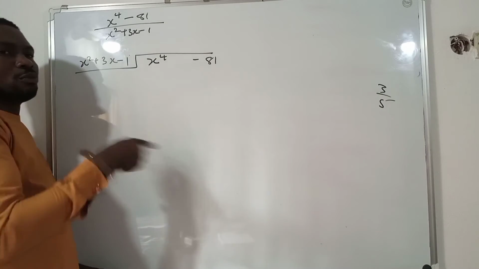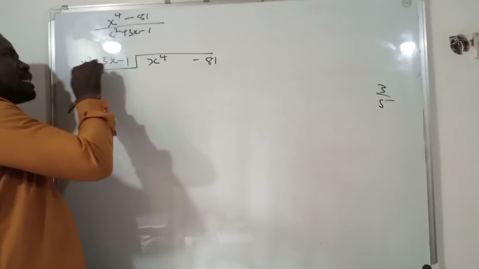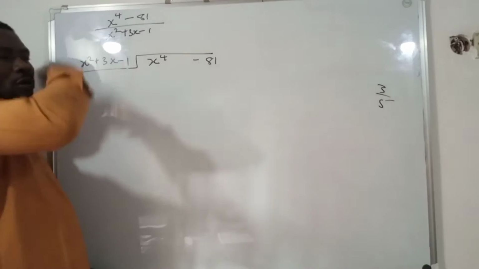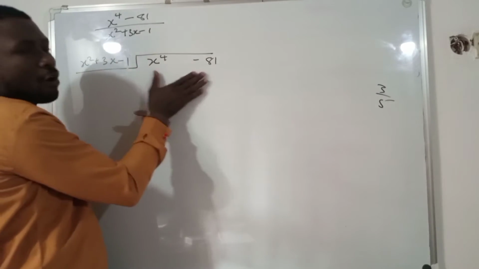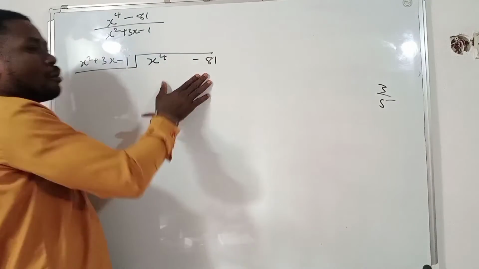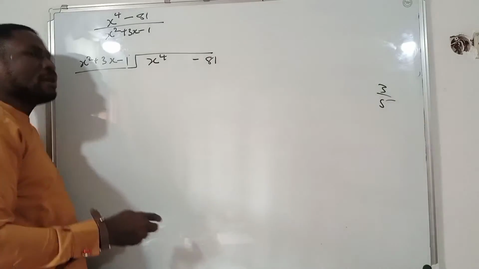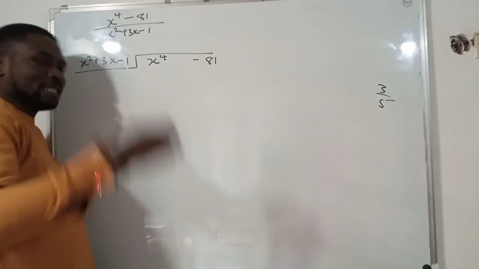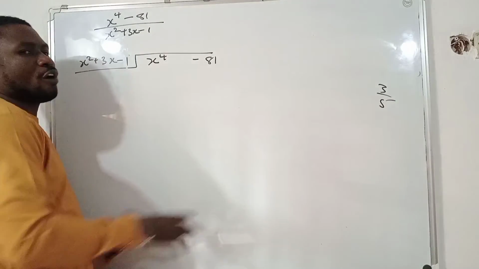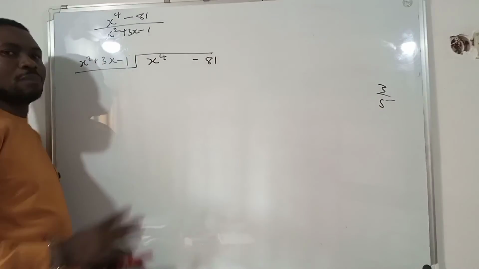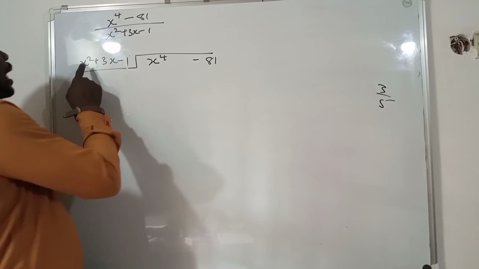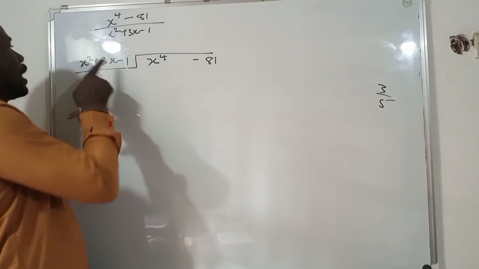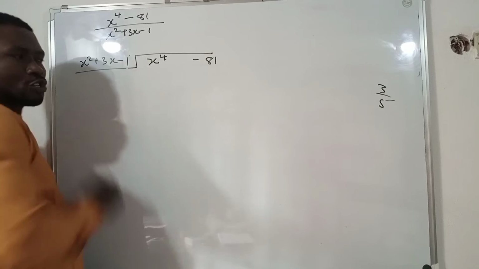So what I have to be doing is to use the first term of this divisor to divide the first term of what? The dividend. You must always use the term that determines the degree of the divisor to divide the term that determines the degree of what? The dividend. That's just the principle. Because of that, I will now say x squared into x raised to the power 4.